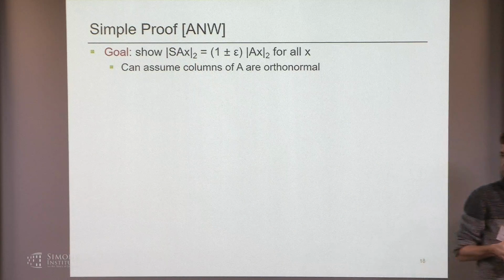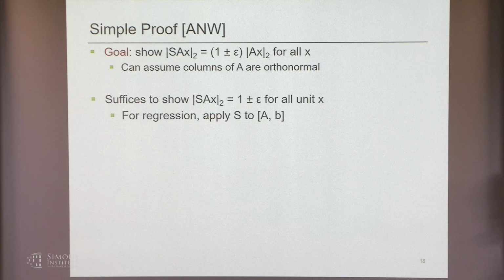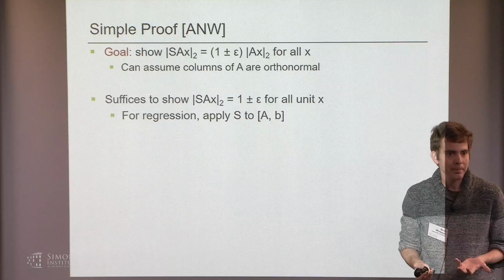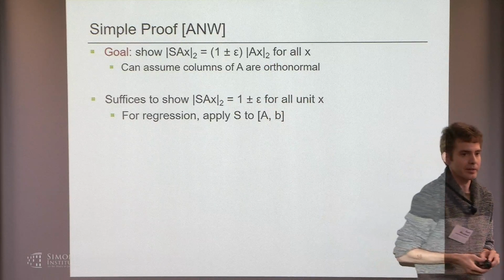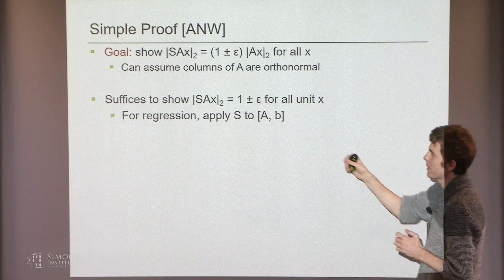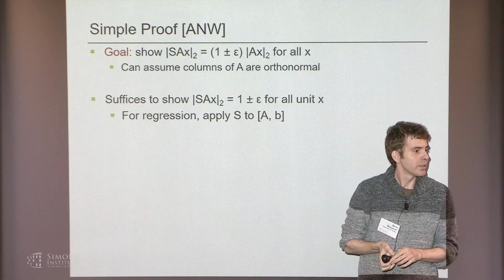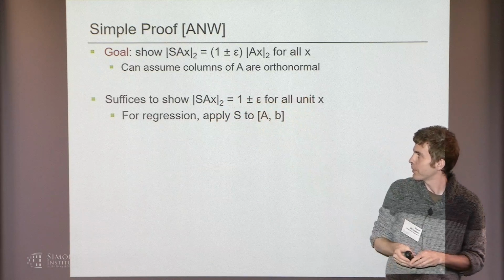This is the first observation. The second observation is that this is a linear map. So I might as well just prove this statement for unit vectors x. If I prove it for all unit vectors x, and therefore Ax is also a unit vector since A has orthonormal columns, then it holds for all x by linearity. So really, I just need to prove that the norm of SAx is 1 plus or minus epsilon for all unit x.